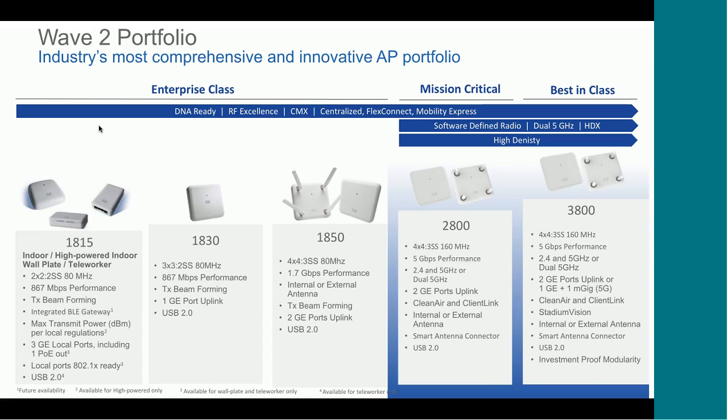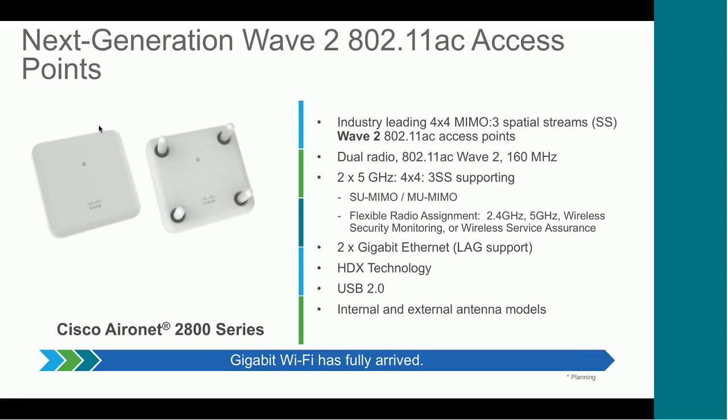All of these are enterprise class, with the exception of the 2800 and 3800, which are really mission critical and best in class features. All of them provide DNA ready, RF excellence. They all will do CMX, centralized FlexConnect, Mobility Express.